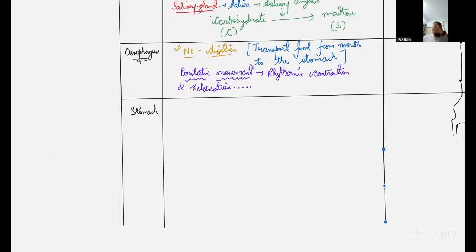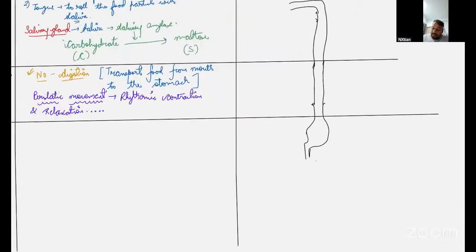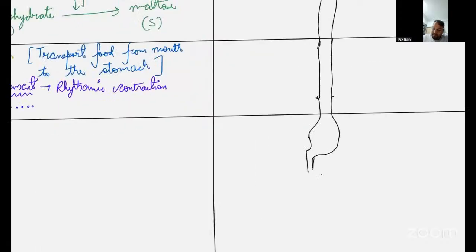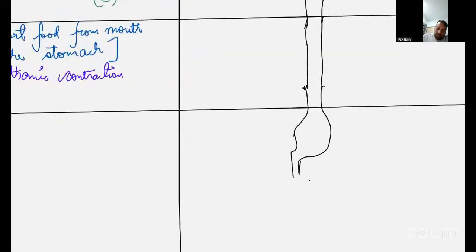Okay. If I draw this diagram, this is the stomach, and this stomach has a wall, stomach walls.